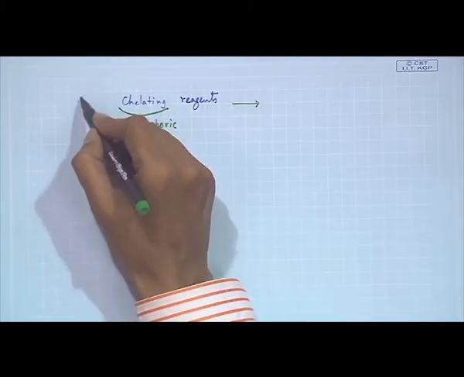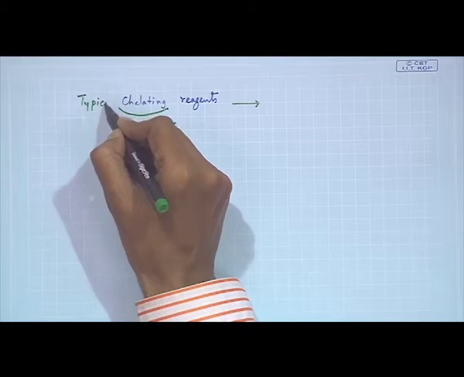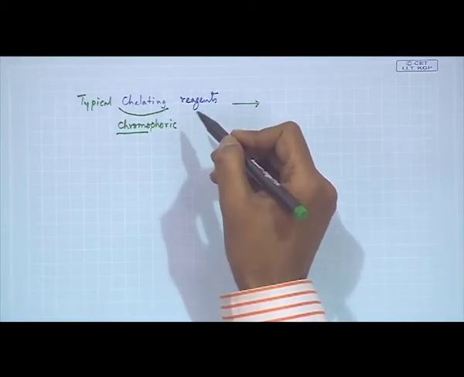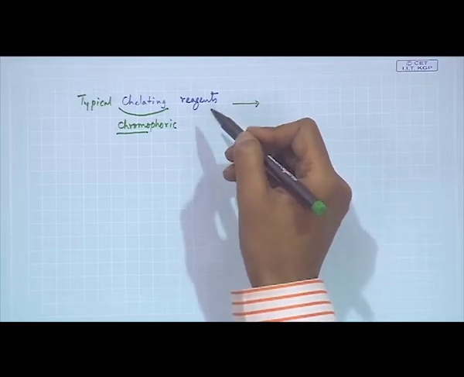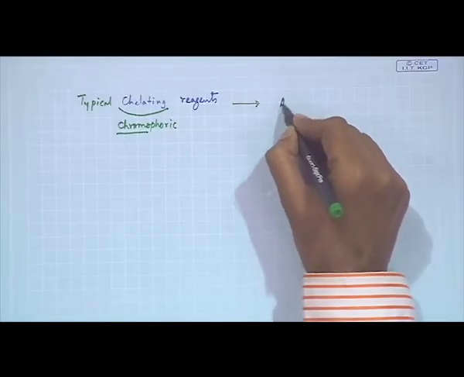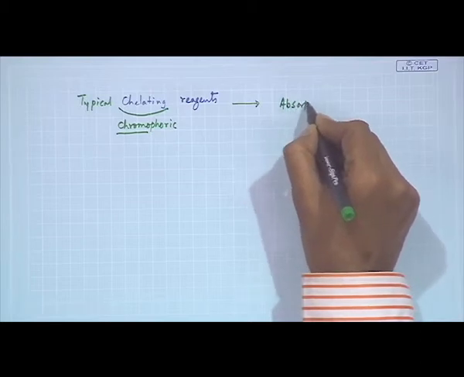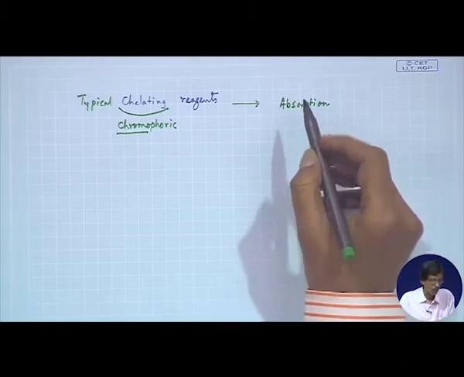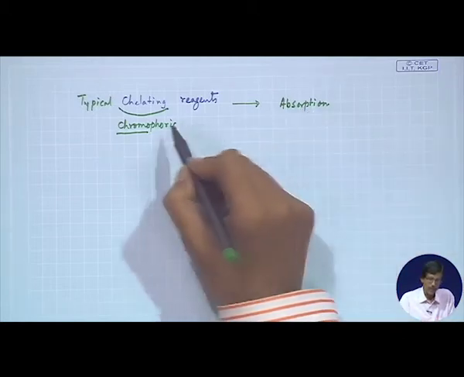So, several typical chelating reagents, starting from your dithiocarbazone, dithiocarbamate and dimethylglyoxime, all these are typical chelating reagents. They are very much useful for absorption. So, absorption spectrometry can be very much useful for doing all these things using chelating reagents.